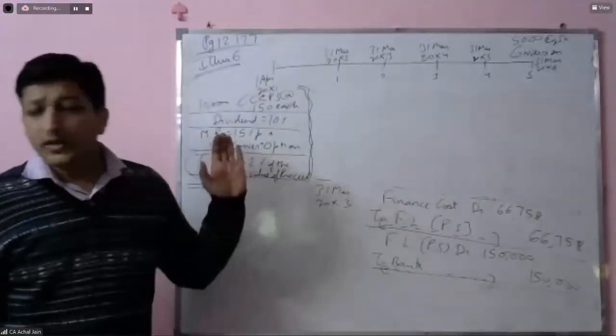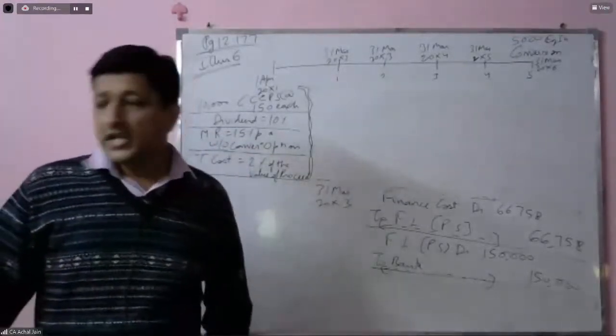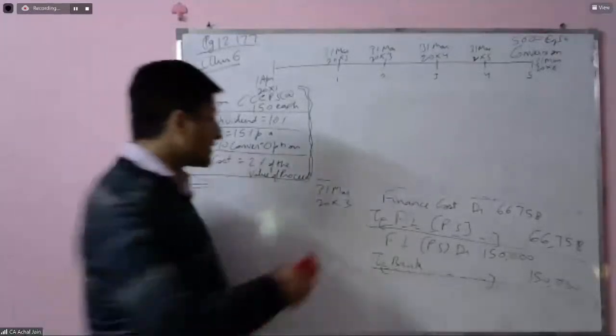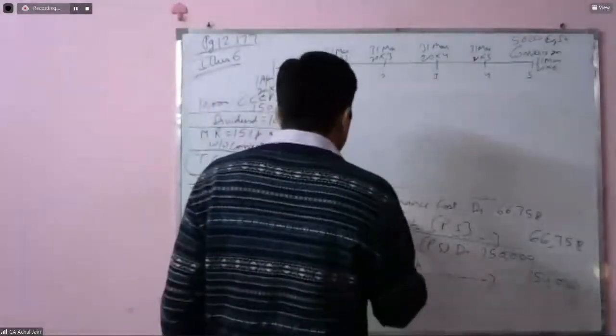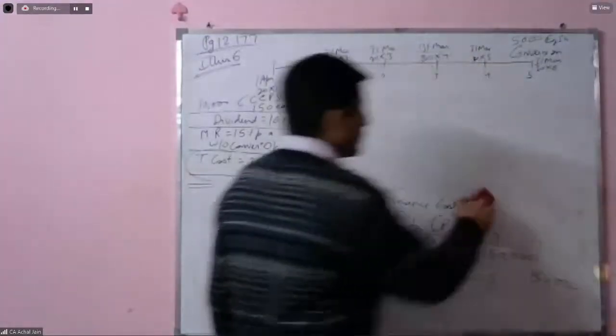And the repayment amount is fixed. Then next year, 31st March X4, the same set of accounting entries will be passed, but the interest amount will change.